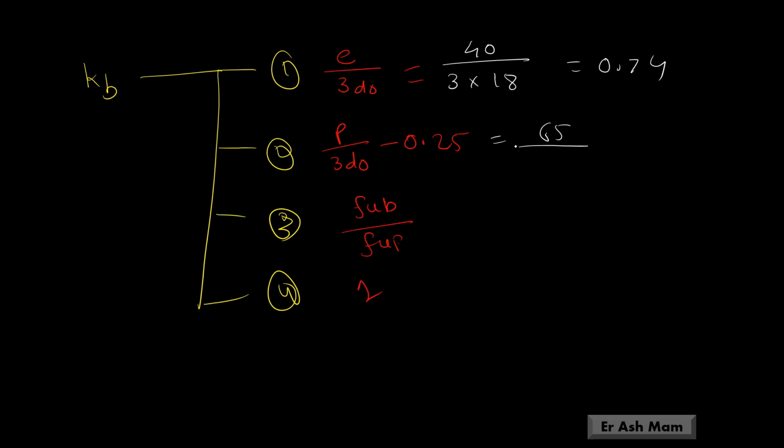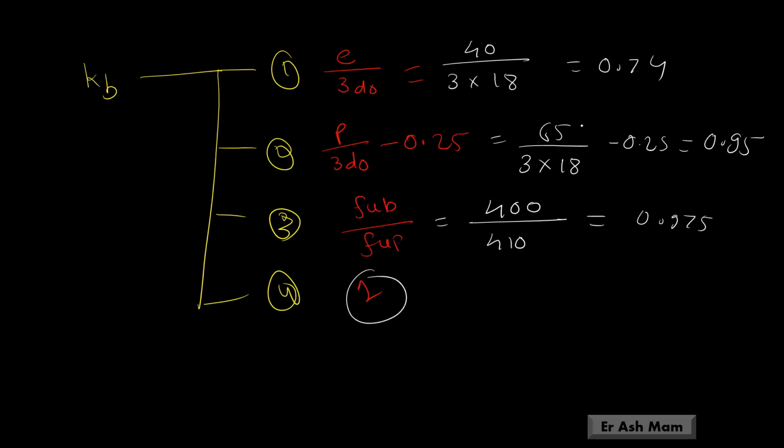Go for higher side always, just for factor of safety. d0 is 18, so p upon 3d0 minus 0.25 comes out to 0.95. Next is fub upon fu: ultimate strength of bolt is 400, and ultimate strength of plate is 410, which is equal to 0.975, and the last one is 1. So out of these four, the minimum value is 0.74. Therefore, adopt kb equal to 0.74.